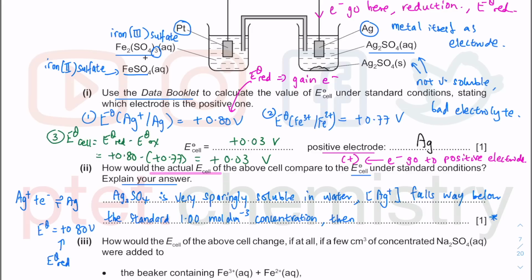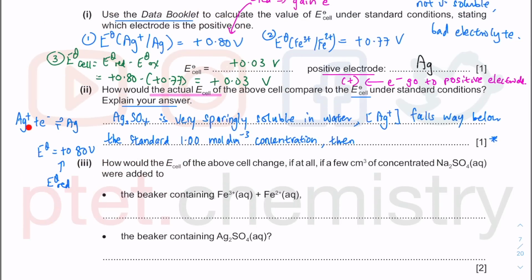So if you are way below 1.00 mole per dm cube, this equilibrium will favor the left hand side, to try and increase the concentration of Ag plus. And when you shift to the left hand side, this will become less positive.